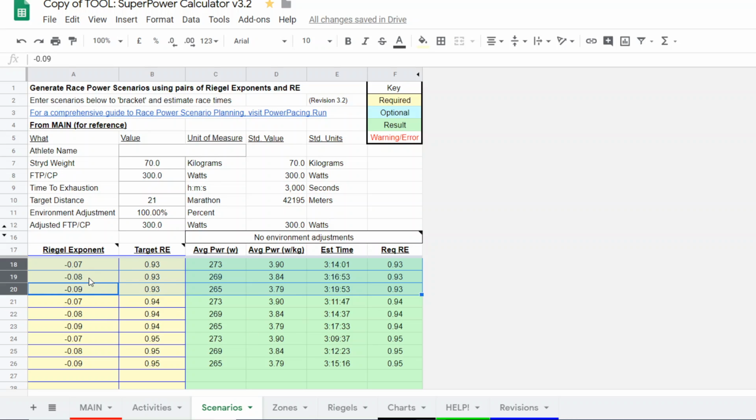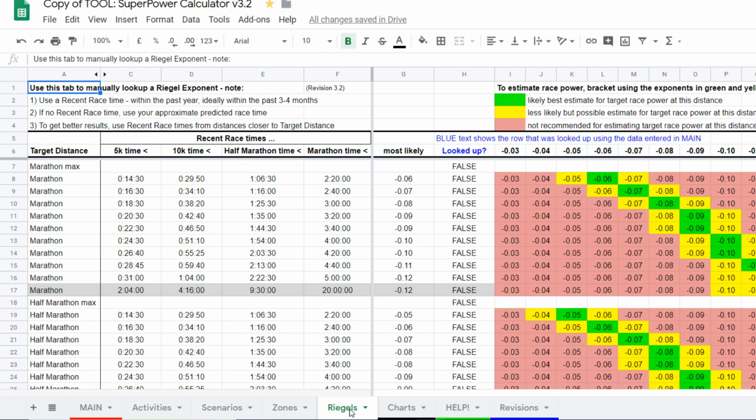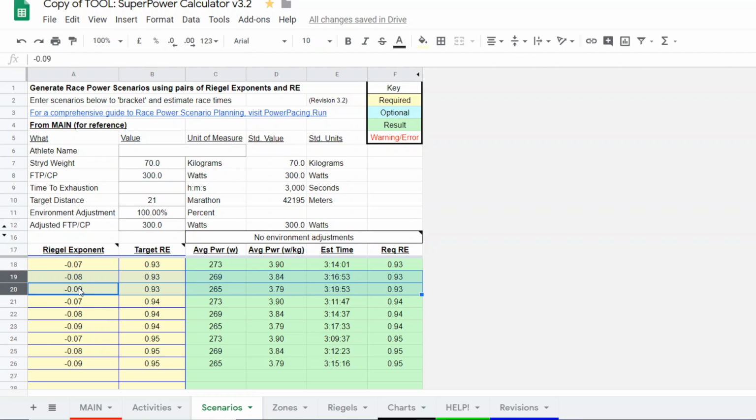However, if you only did 2, let's say you figured your marathon, again going here, we figure the best 2 is minus 0.08, minus 0.09, then we only have a 4 watt spread.